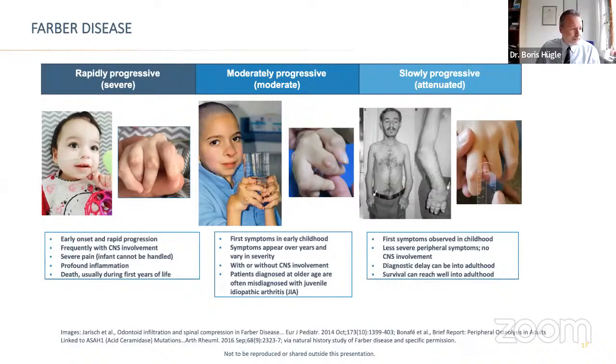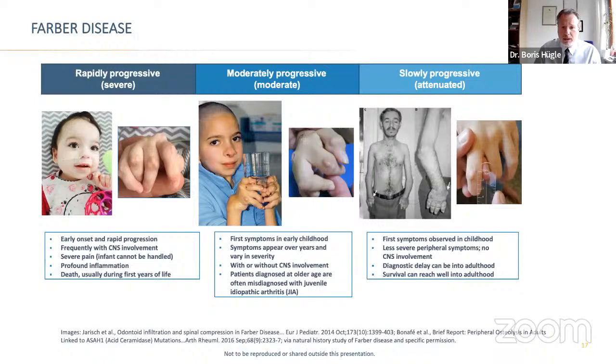Okay, so in general, we divide Farber's disease into three main categories. There is, in the literature, more subdivisions, but it really comes down to you have only very few patients in general. There's about 120 to 150 right now. So there is really no point in further subdivision. But in general, you can say there is the very severe phenotype, rapidly progressive, that shows an early onset.